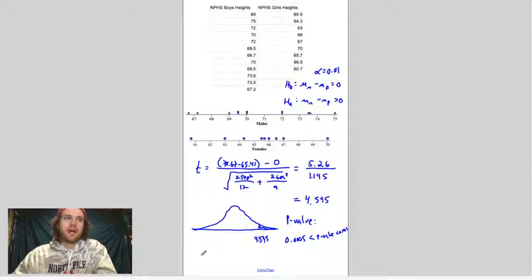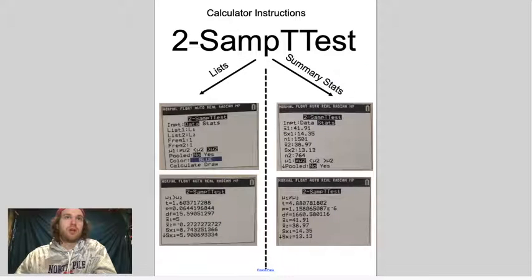Okay, let's go ahead and move forward here. If you want to do this on your calculator, this is the method. The easiest method, I think, is with lists. You plug in the lists of the data, remember which one is in which list, and it will take the difference and you can compare them there and check.